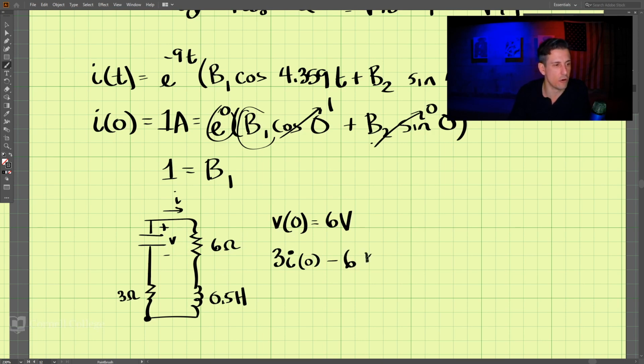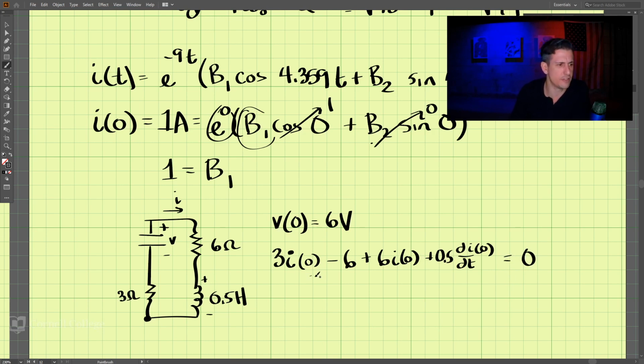And then we have this 6 ohm resistor, which is 6 times i(0). And then lastly, we have this inductor here, and we know the voltage across that inductor is equal to plus L di/dt. And L here is 0.5. And set that equal to 0.